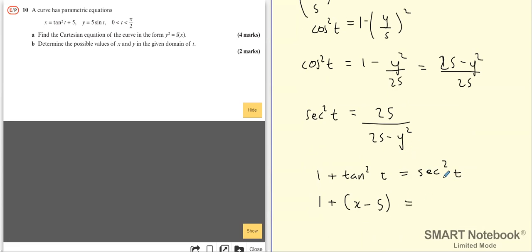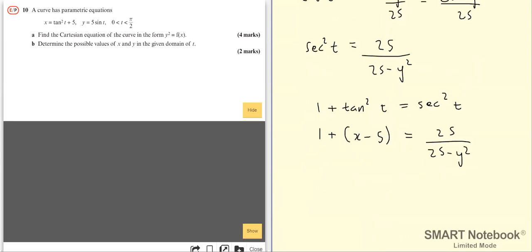And we've got sec squared, which we've just worked out over here as 25 over 25 minus y squared. So now we are pretty much there. We've got the Cartesian equation, but again, this question requires us to put it in the format y squared equals f of x. So we need to make y squared the subject now.